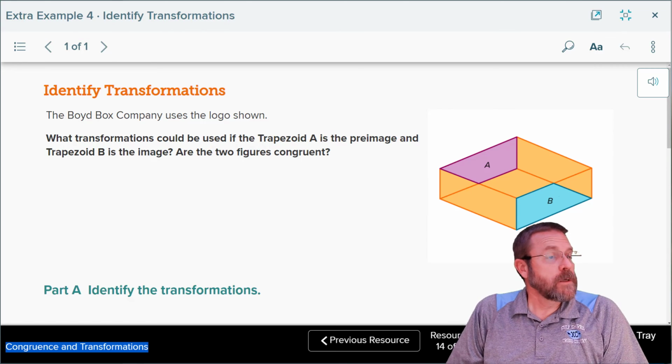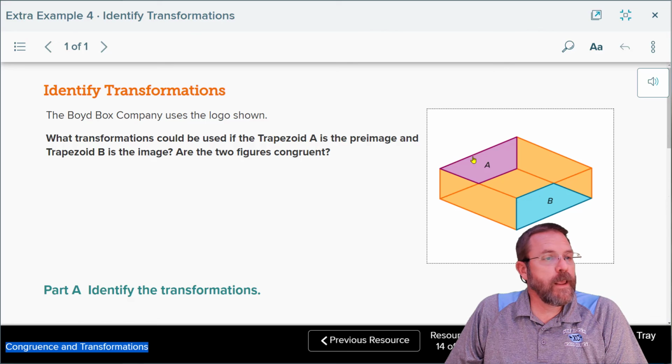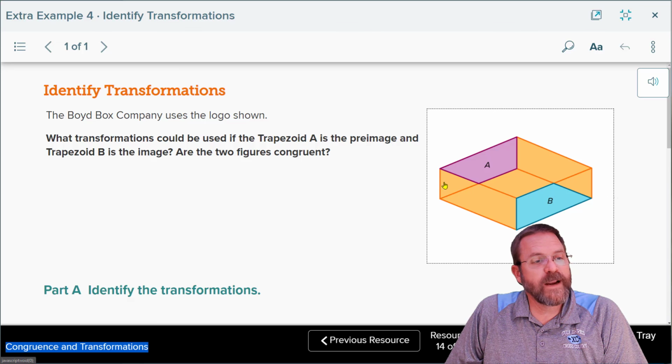Well, the Boyd Box Company uses the logo shown. What transformations could be used if trapezoid A, that's this one, is the pre-image of trapezoid B? That's going to be this one. And you can see that you're not looking at the whole rectangular sides of the box. You're only looking at the trapezoid, the pink part here and the blue part here.